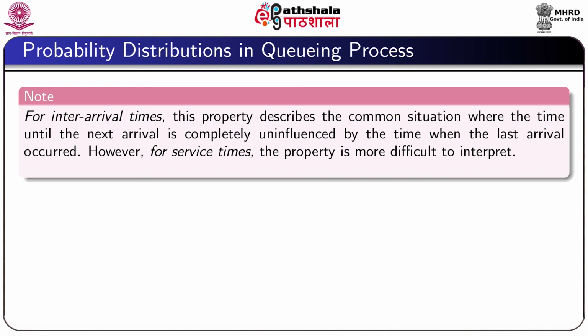We should not expect it to hold in a situation where the server must perform the same fixed sequence of operations for each customer, because then a long elapsed service should imply that probably little remains to be done.